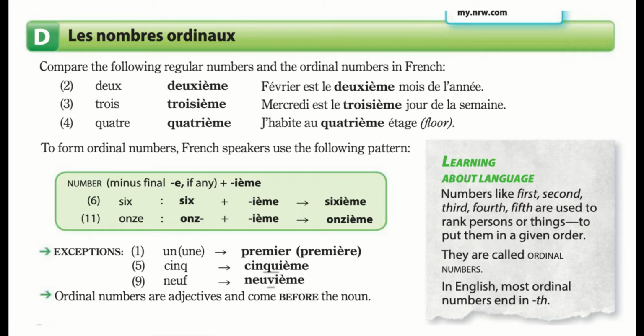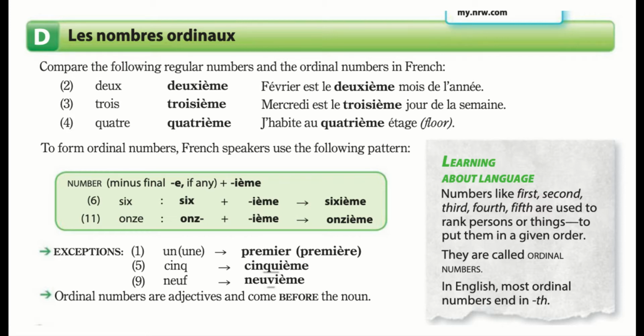If you write it out, those are 1, 2, 3, 4, 5. You're just counting in order. Quand tu fais les nombres ordinaux, that's when you want to put things in order, like label things first, second, third, fourth.